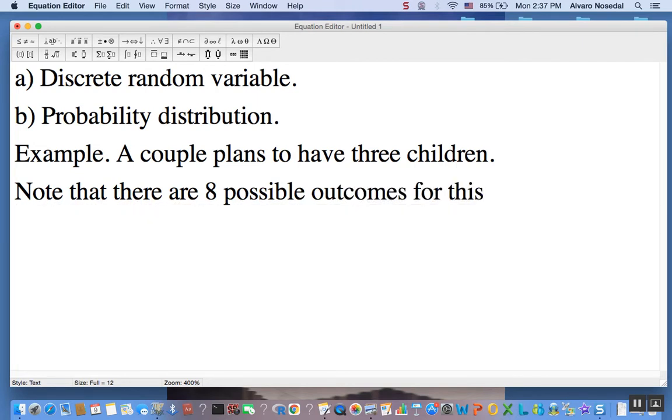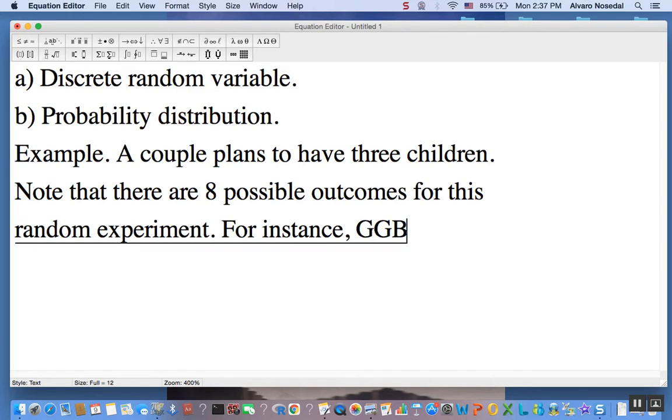For instance, GGB is one of those possible outcomes, right?